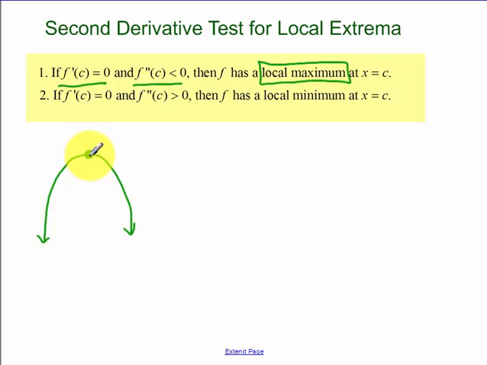The vertex is an absolute maximum at that point because here the first derivative equals 0 and the slopes of your tangent lines are decreasing. For all of those, I go from positives to negatives. That's decreasing. Now we have first derivative equals 0, but I'm concave up. That means we have a local minimum.